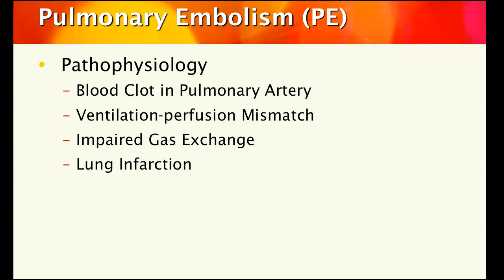Perfusion means that circulation is not getting where it needs to, and as a result, you get this mismatch. It leads to impaired gas exchange, and that's where that infarct occurs, because we know that if you don't get oxygen and blood where it needs to go, you have tissue death, and that's where that lung infarct occurs.